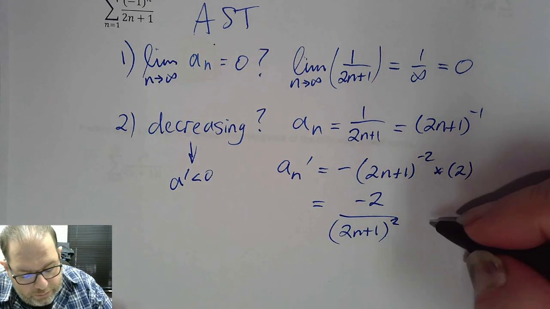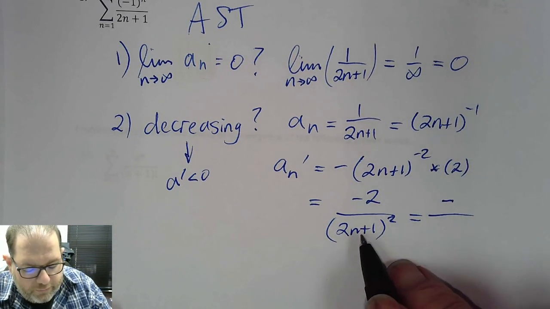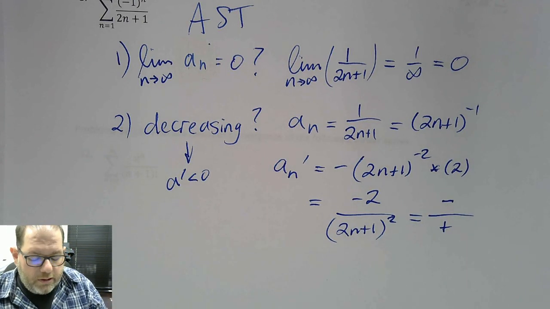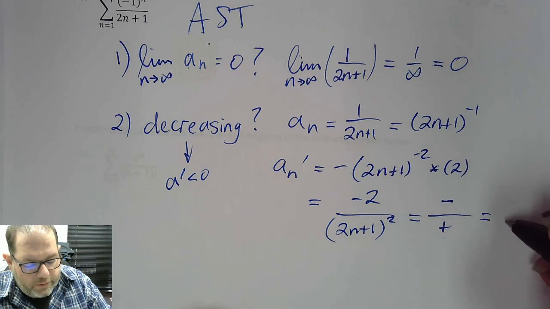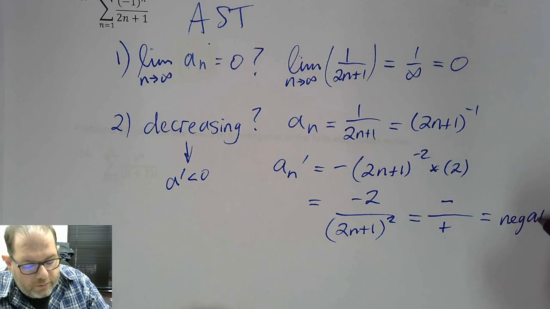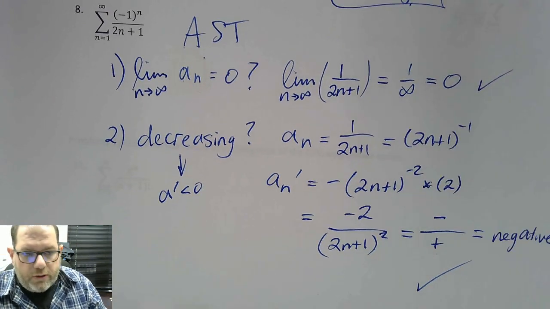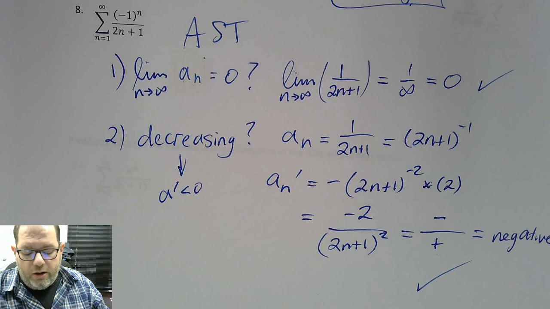Well, the numerator is negative, and the denominator, if it's something being squared, that will always be a positive number. So negative divided by positive, we know, is negative. So it meets both conditions. And because it meets both of those conditions, we can say it converges by the alternating series test.